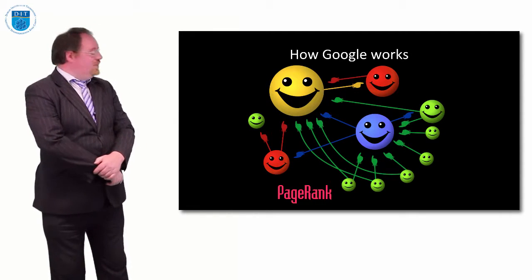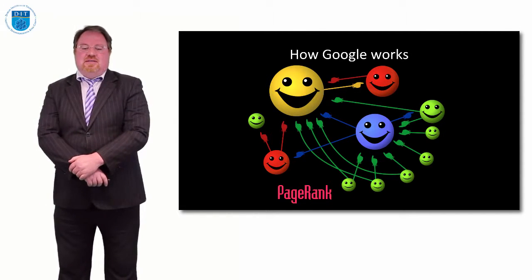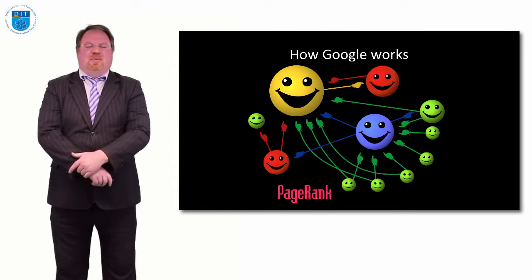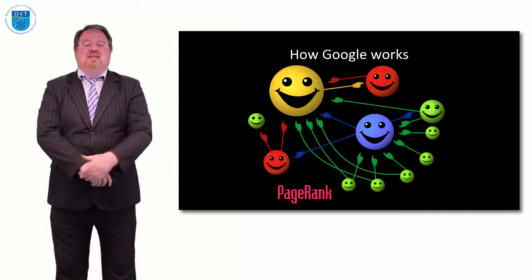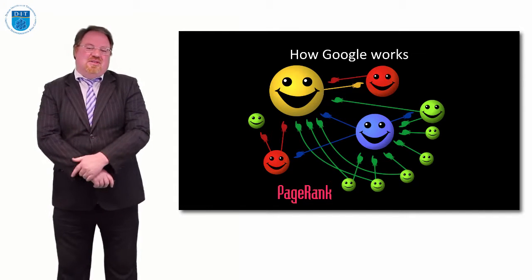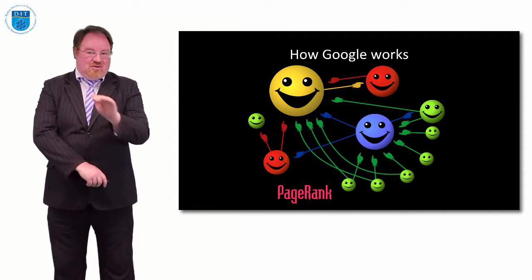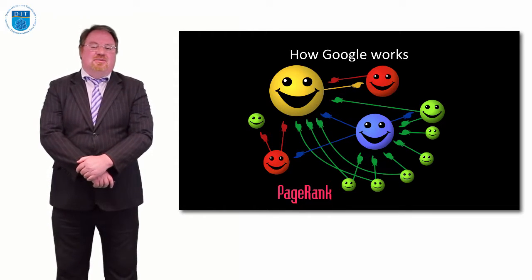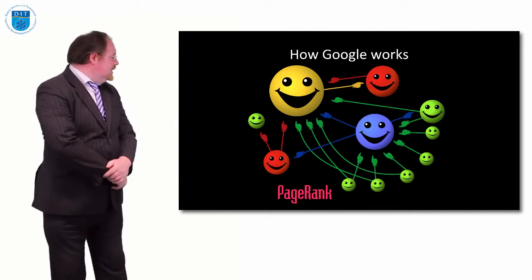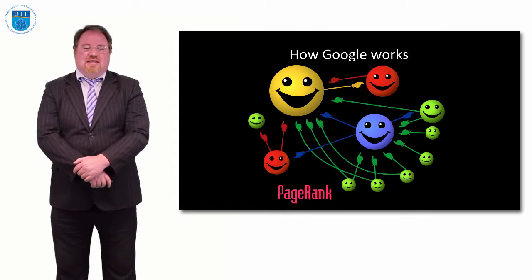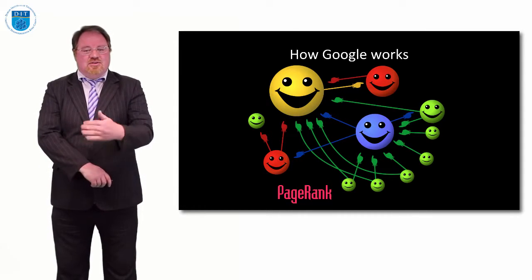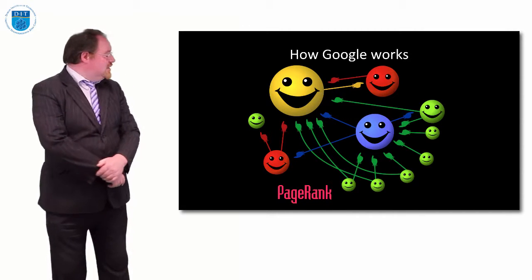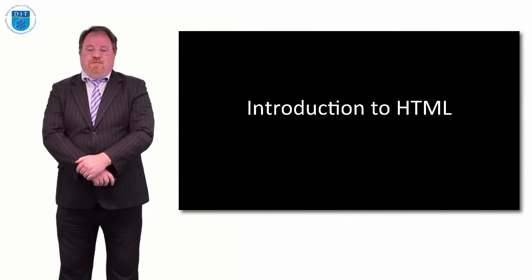So if I have a web page that is credible, like a government website or a newspaper page or something like that, and it links to my page, then it automatically increases my ranking. So when you search for my page, it'll be higher up in the ranking if I'm linked to by more and more credible sources. So really it's important to realize that linking pages, how we get from one page to another, is key in terms of how Google works.